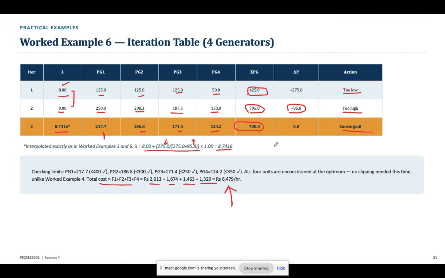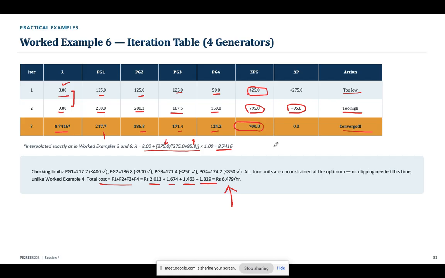The total cost calculation is the final verification. We evaluate each generator's cost function at its assigned output. This gives us two different outputs from the optimization: the dispatch itself and the operating cost associated with that dispatch. The deeper lesson is scalability. The four generator system may look substantially more complicated than the two generator system, but the computational structure remains one dimensional in lambda because lambda is the same for all four generators.